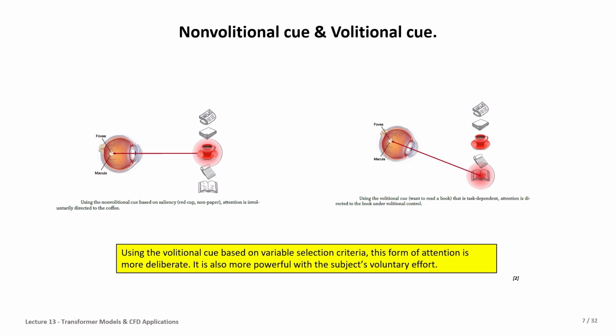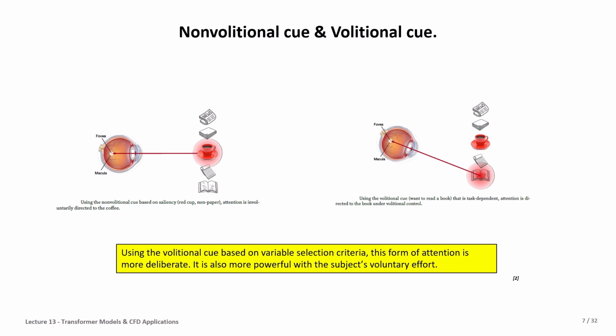When we are using the volitional cue, directly we are looking for a book to read. So without more searching among these five objects, we will look at the book among them. So this is the difference of the volitional cue, which directly finds the object based on the aim.